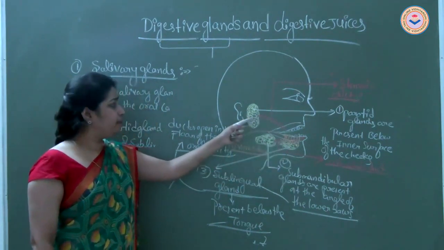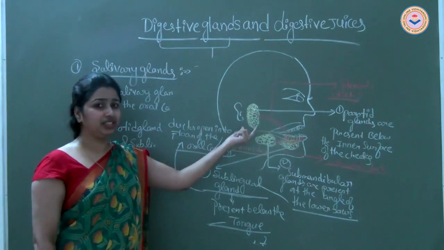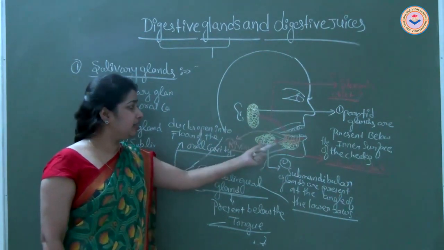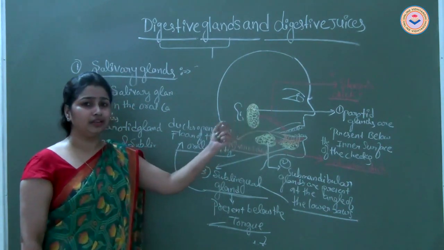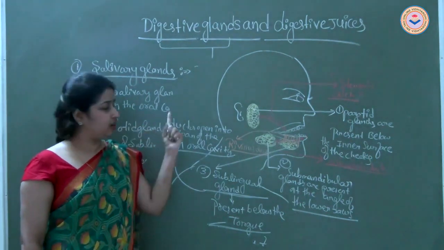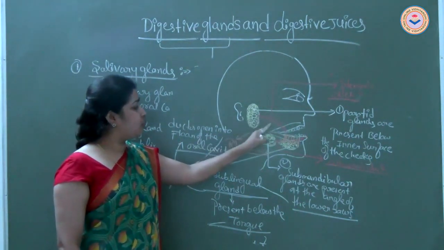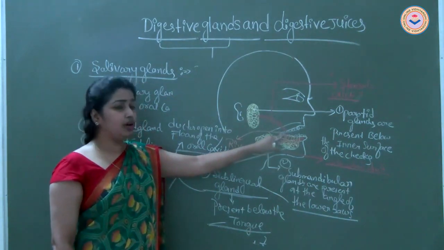Coming to the parotid gland: it is the largest gland, present just below the inner surface of the cheeks and near the ears. Its duct opens into the oral cavity near the third molar of the upper jaw.